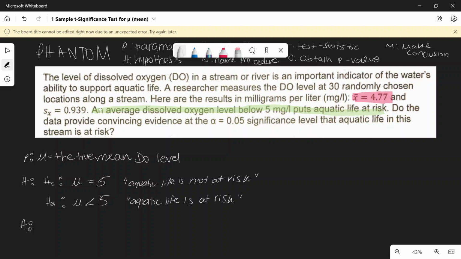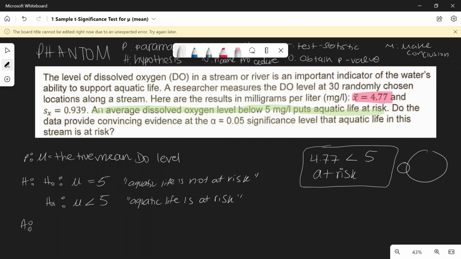And you might ask, well, 4.77 is less than 5, meaning that aquatic life is at risk. But no. Here's the thing. Yeah, it is less than 5 in this sample, but just because it's less than 5 doesn't mean that it's actually less than 5 for the entire population, for like the entire stream.